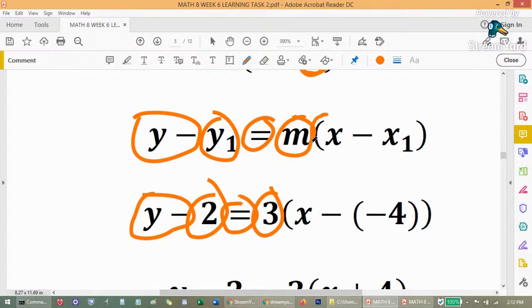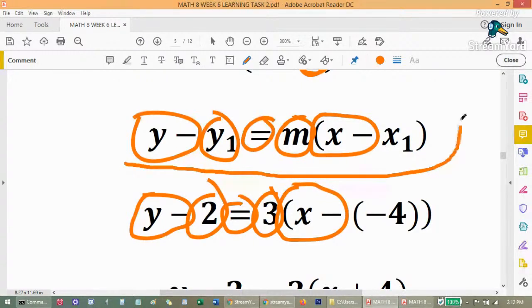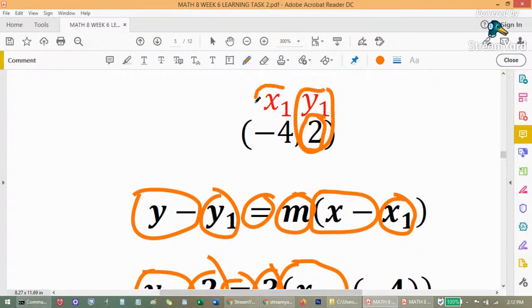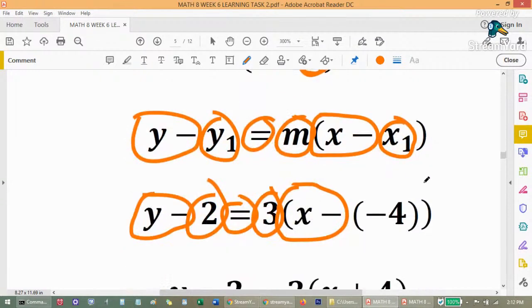Okay, and then parenthesis x minus, sinusundan lang natin tong formula na to, no? X sub 1. So, ang x sub 1 natin is negative 4. So, therefore, yung negative 4, babalutan muna natin ng parenthesis.